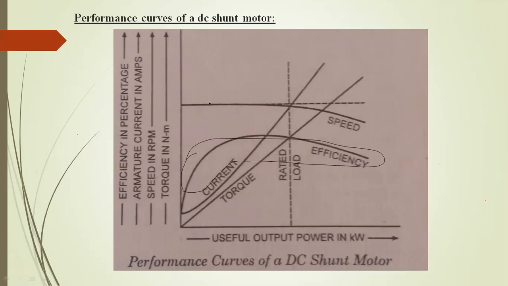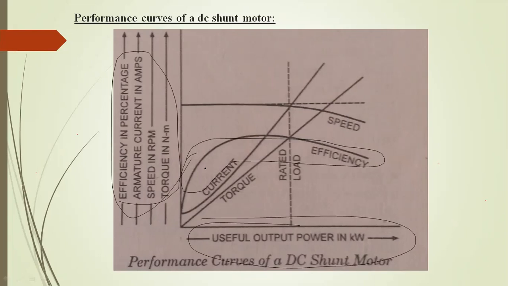Combinedly, I am placing them in a single thing. So that depends upon the output power, how these terms are going to differ. All these were studied in the previous slides.